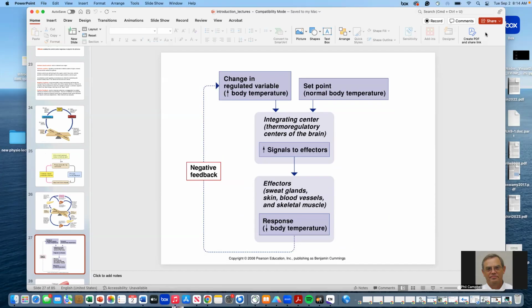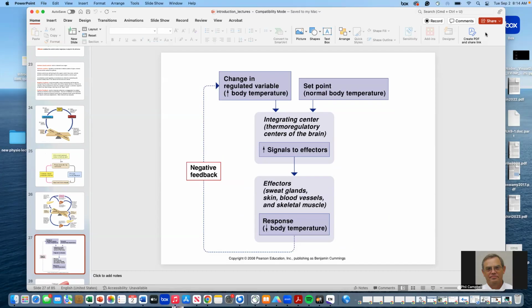Associated with this is increased circulation, delivering blood to the skin surface for either conductive loss, radiant heat loss, or evaporative heat loss. The net effect of all of these is to reduce temperature and bring you back down. And then, of course, as you maintain your core body temperature, you minimize those effector effects, okay?